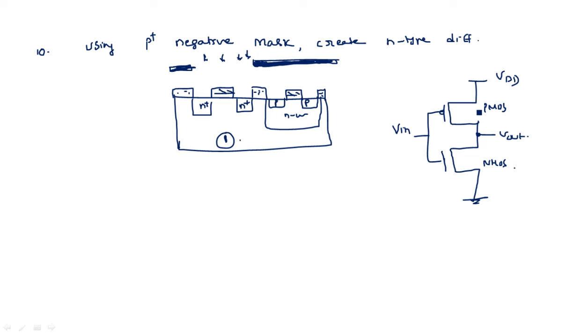PMOS, and this is NMOS. Okay, so PMOS device is connected between, that means this is the source terminal and it is the drain terminal. This is the drain terminal of this NMOS transistor and this is the source terminal of the PMOS transistor. That means both the drains are connected to the output and the source of the NMOS transistor is connected to ground. Source of the PMOS transistor is connected to VDD.